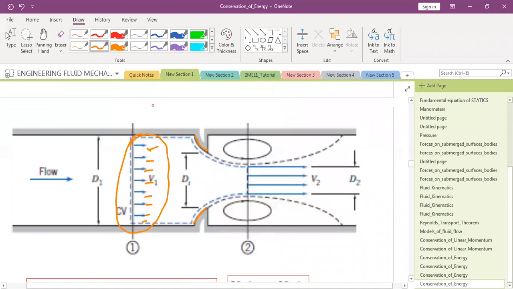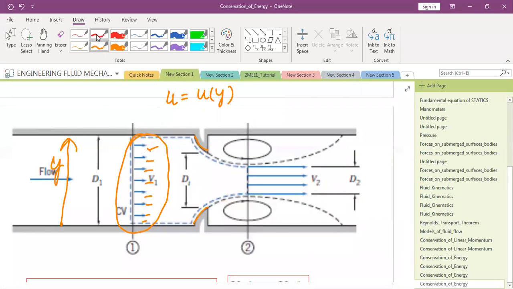हाँ जी, clear है? Actual में क्या होगा? Velocity will be a function of what? Y. If this is the location, this is the y direction, so velocity will be a function of y, and the velocity will vary in this fashion. That is, if I draw the velocity field, it should be like this.